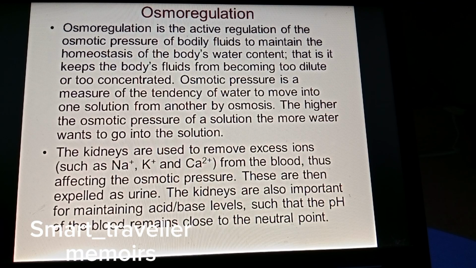The higher the osmotic pressure of a solution, the more water wants to go into the solution. The kidneys are used to remove excess ions such as sodium, potassium, and calcium from the blood, thus affecting the osmotic pressure. These are then expelled as urine. The kidneys are also important for maintaining acid-base levels such that the pH of the blood remains close to the neutral point.